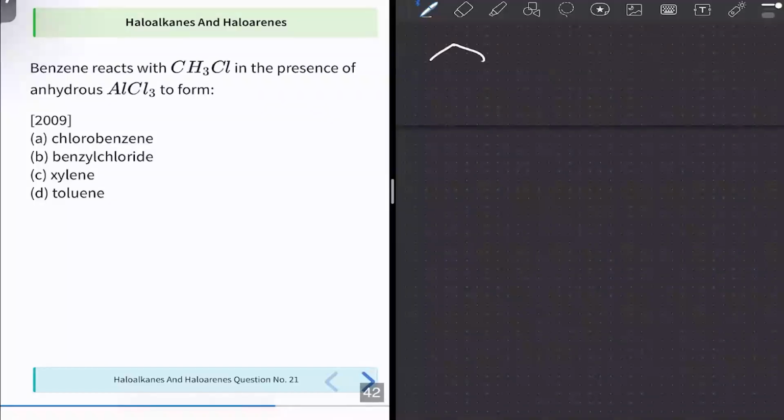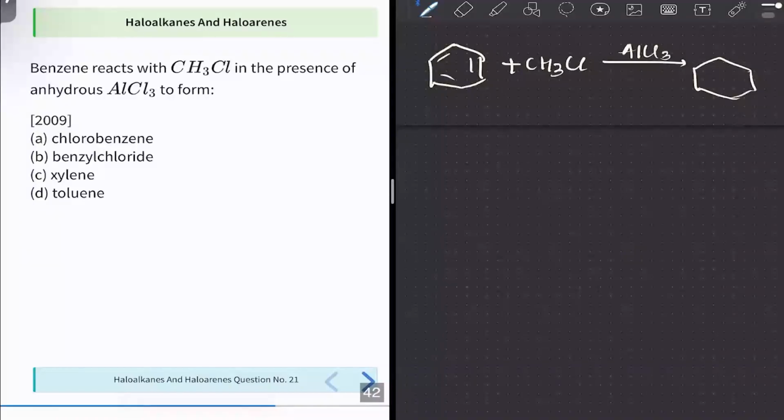Benzene reacts with CH3Cl in presence of anhydrous AlCl3 to form CH3 substituted benzene. What is the common name of this compound? That is toluene. So option D is the correct answer.